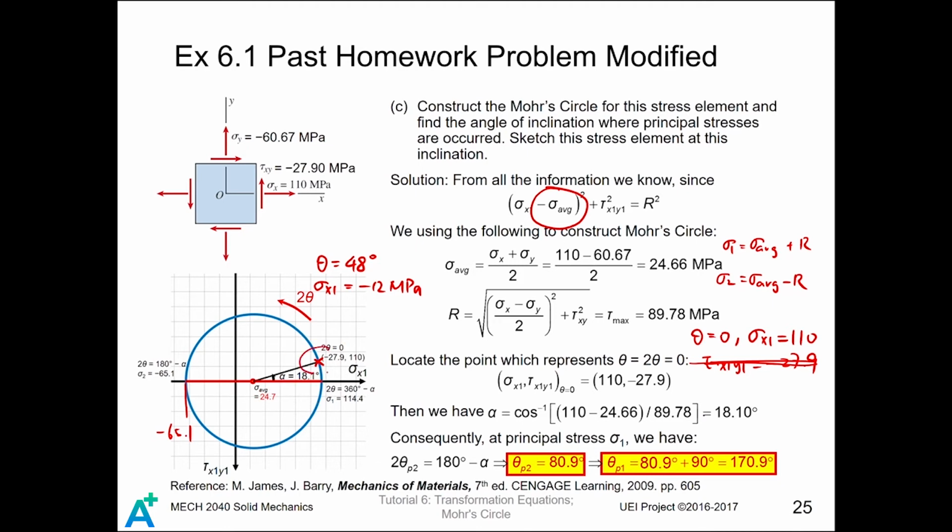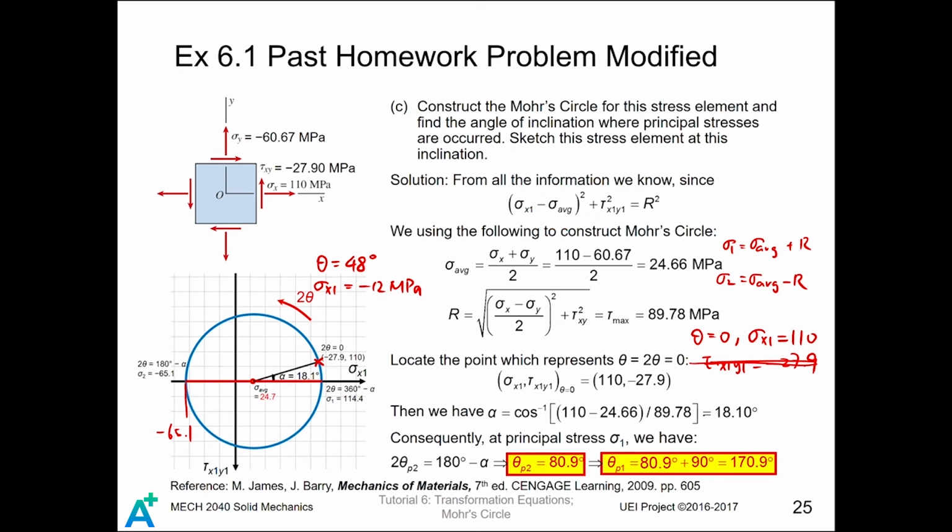Also, at this point, we know that the direct stress is 110 million pascal. Then we can compute tau xy directly by using the geometry of the circle. We substitute sigma x into this equation, and at the same time, we know the radius of the circle. Therefore, we can compute tau x1 y1 by using the formula.